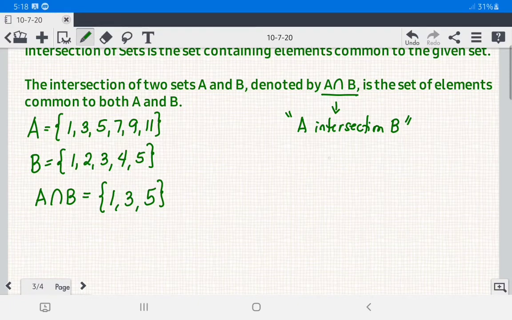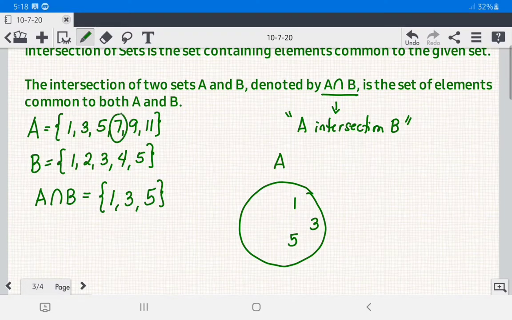If we're going to make use of the Venn diagram, we have here set A. Let us draw a circle. We have 1, 3, 5, 7, 9, and then 11.